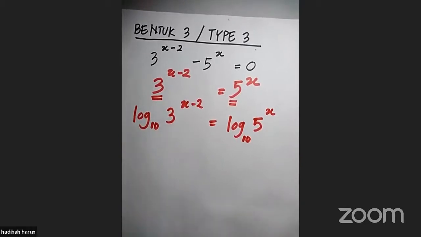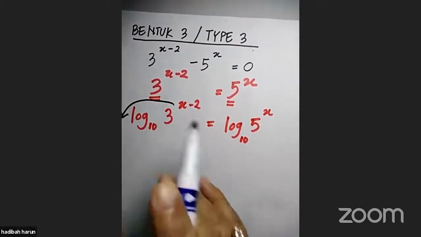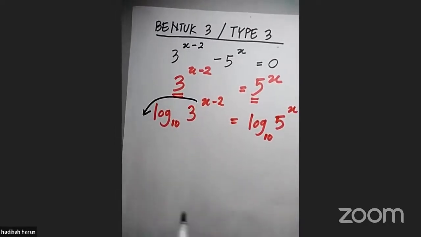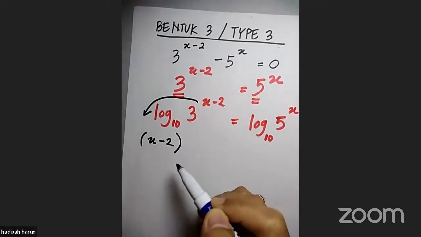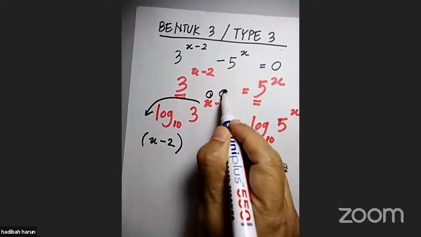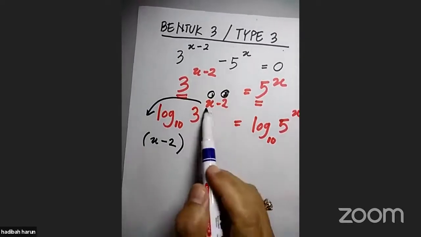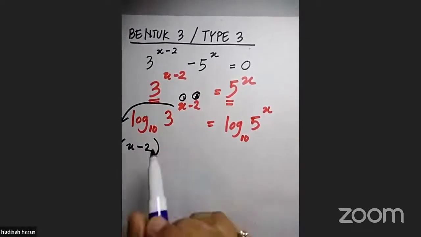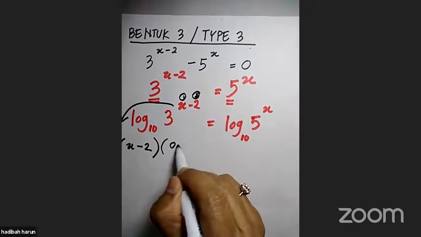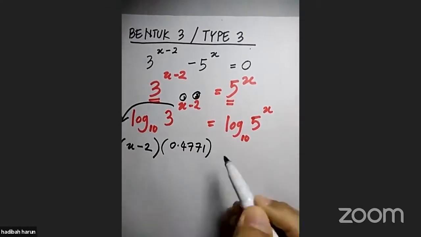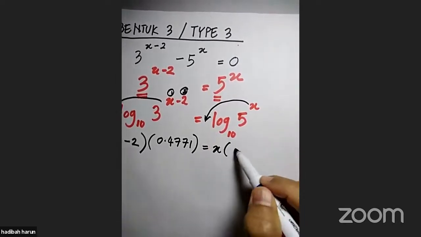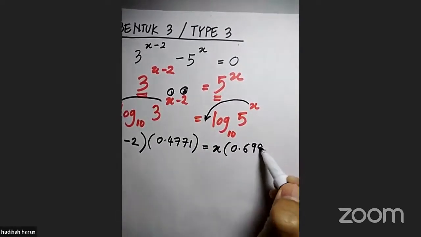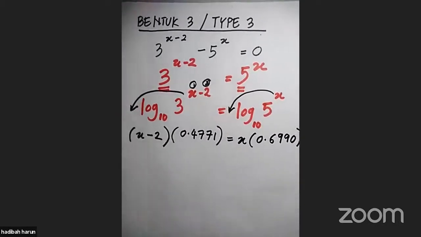So you are going to bring down, by using algebra 7 just now, x minus 2, place it in bracket. Why? Because there are two terms. Some of you will get it wrong if you don't place it in bracket. x minus 2 log 3 is, you press your calculator, 0.4771. x, bring down, log 5 is 0.6990, four decimal places.